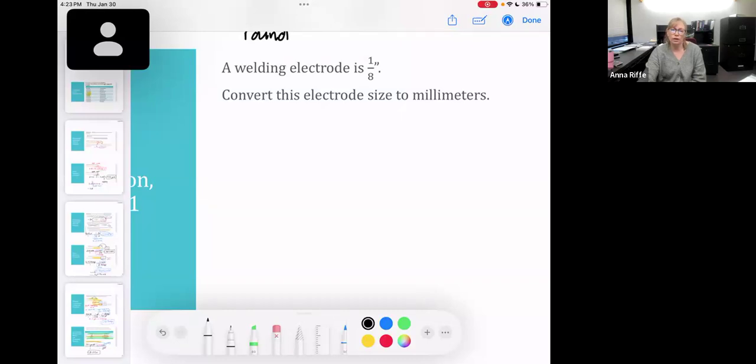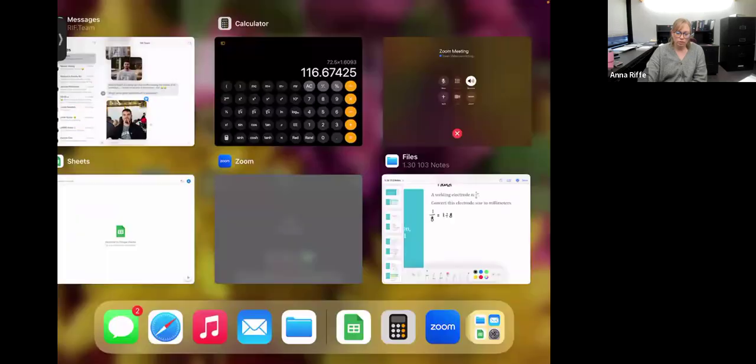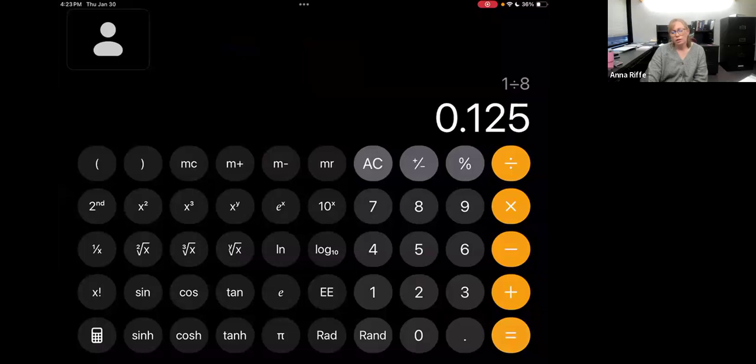I'm going to convert the 1/8 to decimal form. Let's convert 1/8 to decimal form, and we can do that by dividing the top by the bottom. Grab our calculator, take the top 1, divide it by the bottom 8, and we get 0.125.